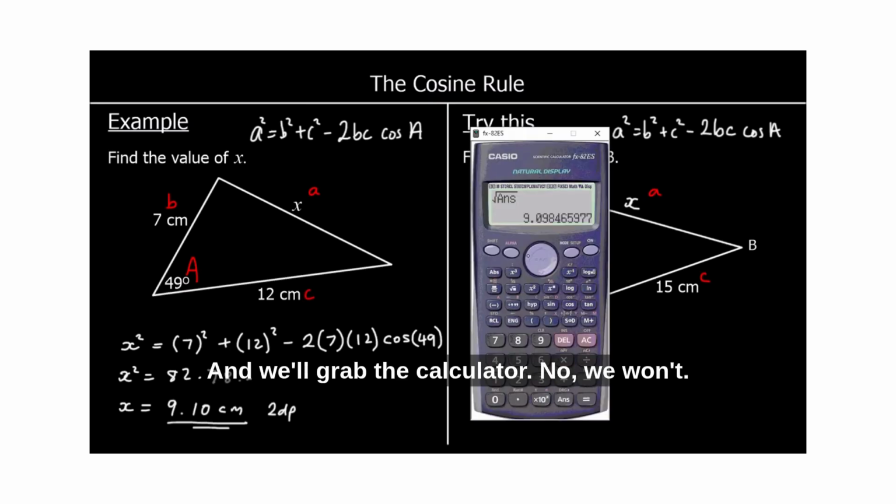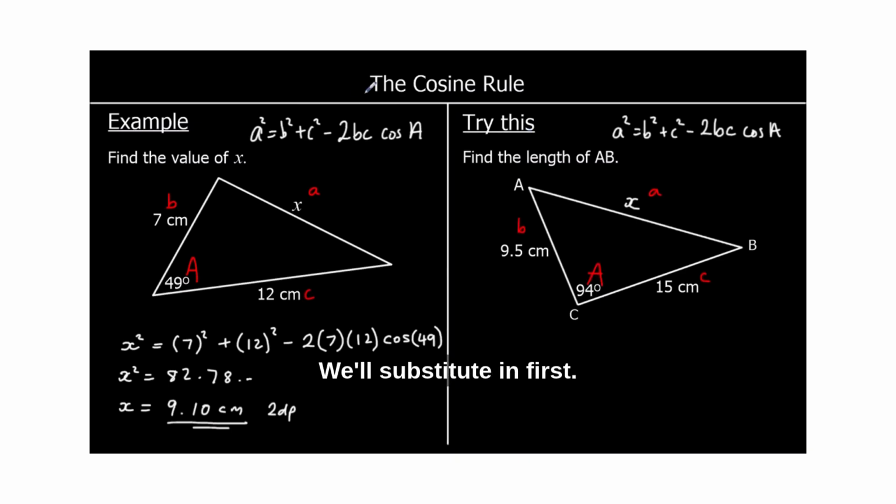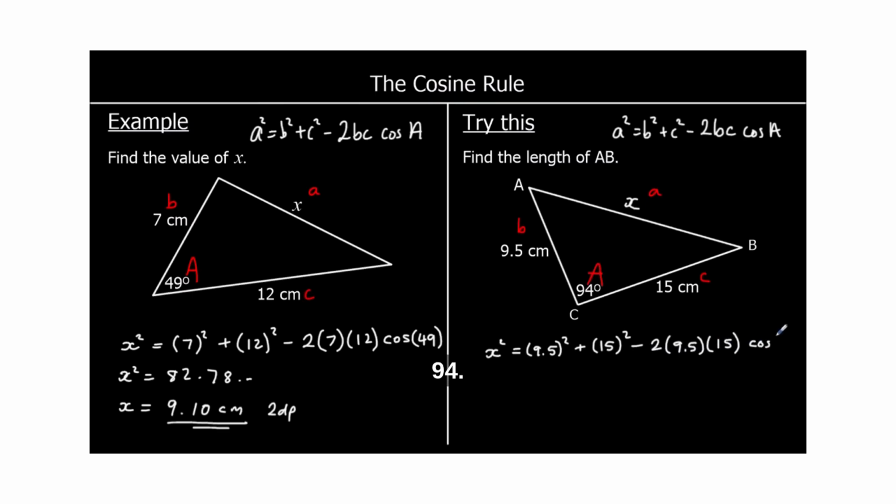And we'll substitute in first. So we're going to have x squared equals 9.5 squared plus 15 squared minus 2 times 9.5 times 15 cos 94.